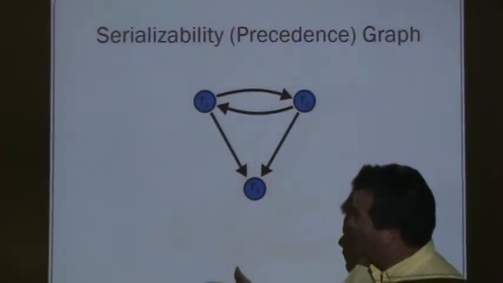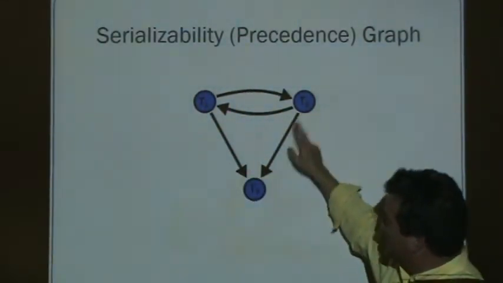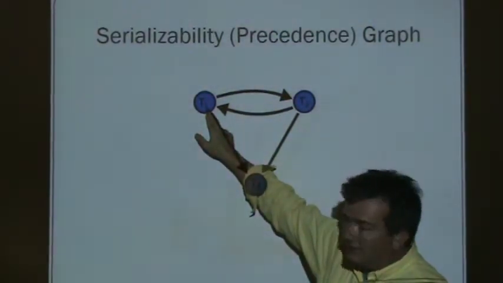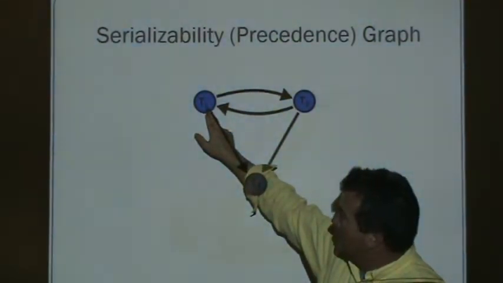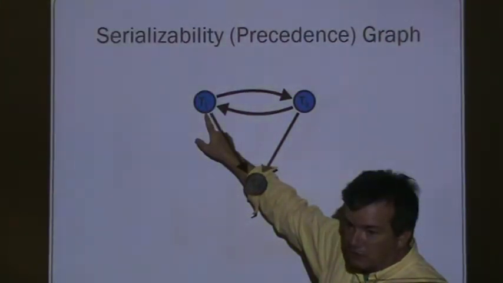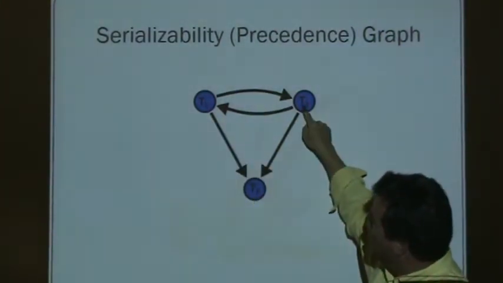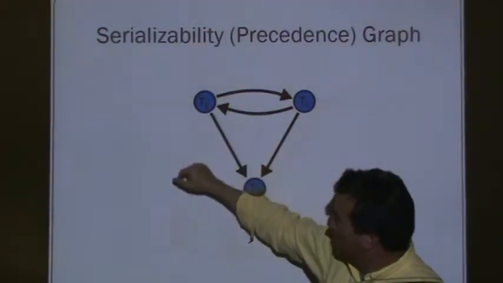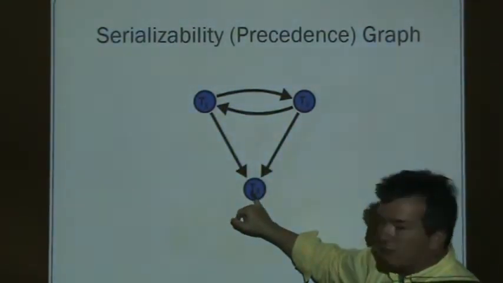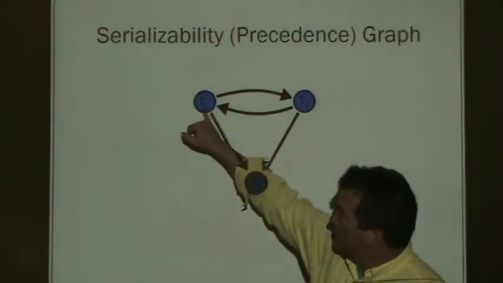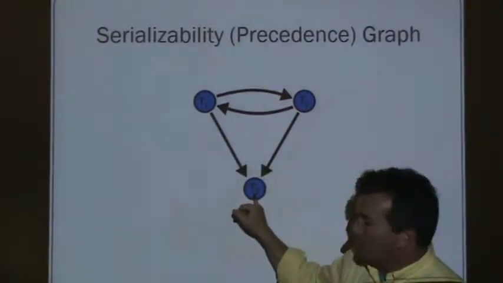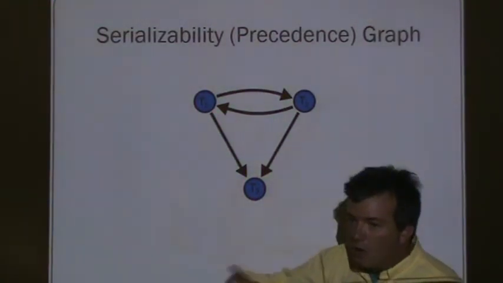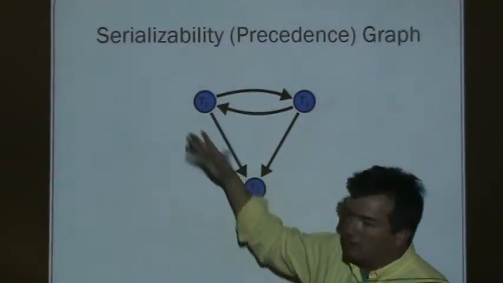Let's say for example, we have transaction 1, transaction 2, and transaction 3. If transaction 1 reads data that was produced by transaction 2, then transaction 2 must complete before transaction 1 can complete. And if transaction 3 reads some data that was produced by transaction 2, then the only way transaction 3 can be considered successfully completing would be if transaction 1 can complete.